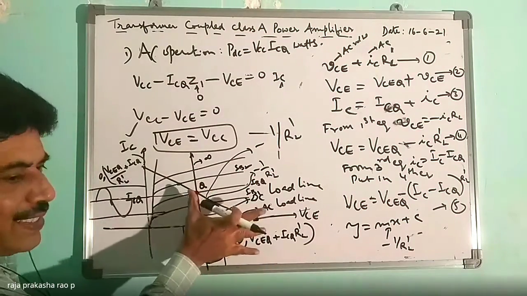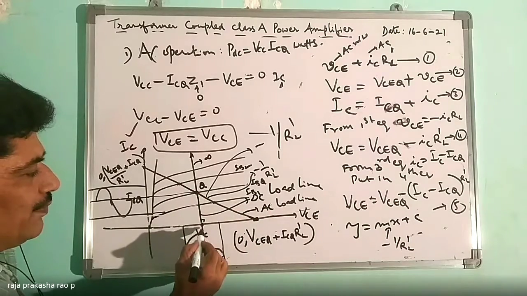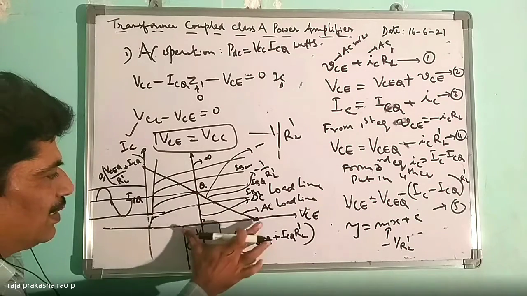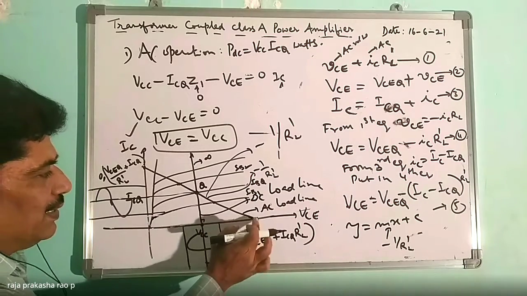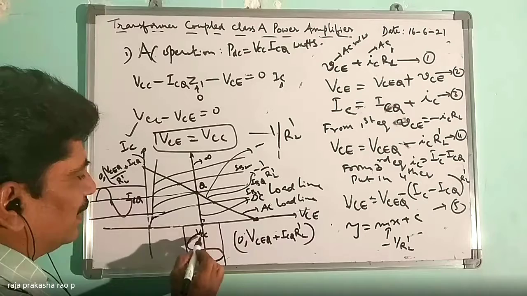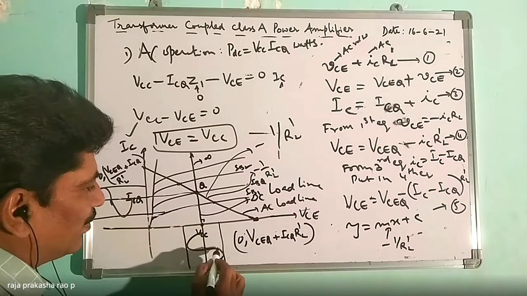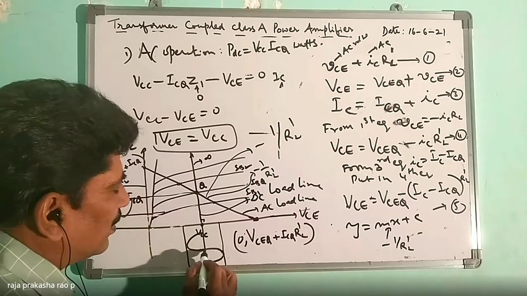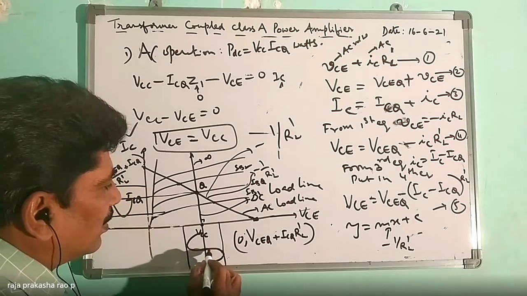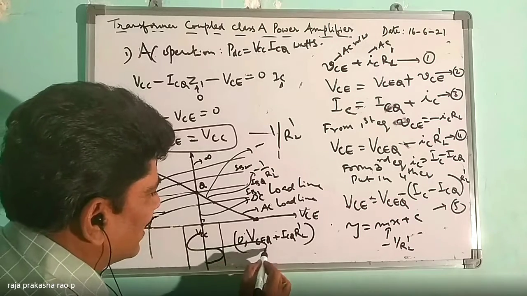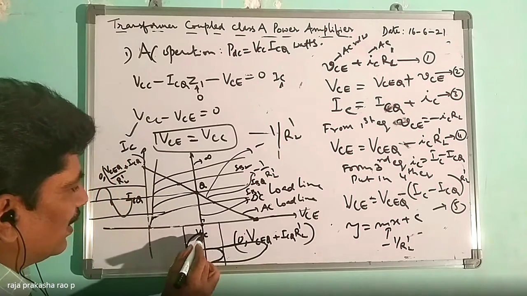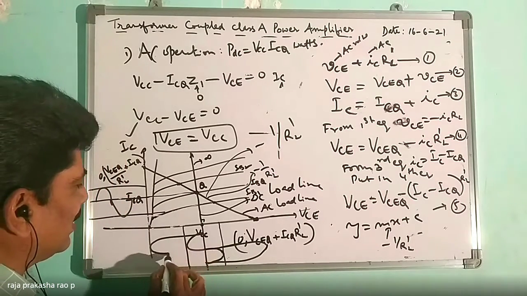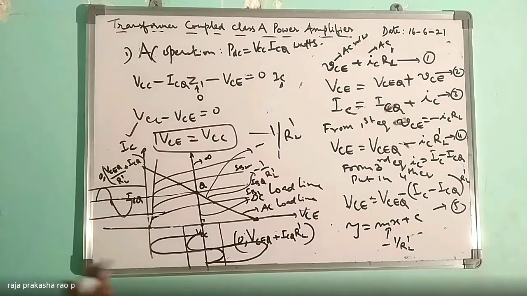Q is the midpoint of this load line. So this point VCC is also at the center of this x-intercept. So this cutoff point, if this waveform is like this, then in this extreme left negative side, this is the maximum swing.